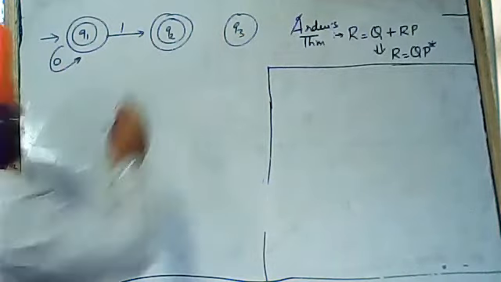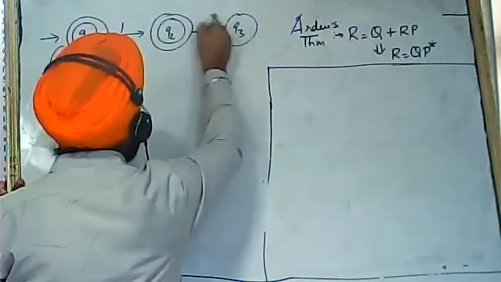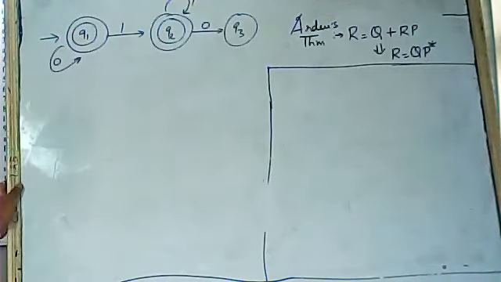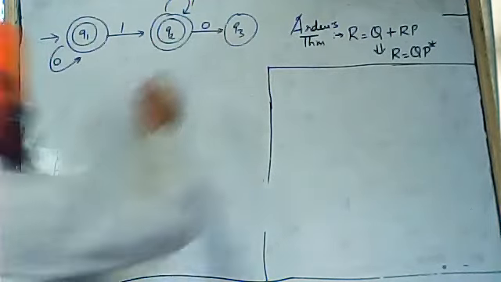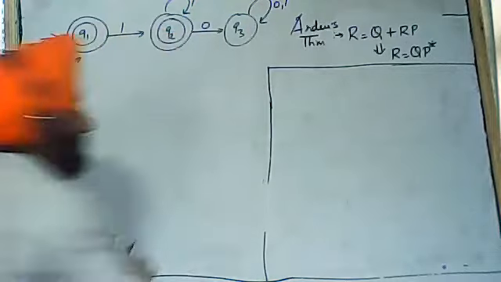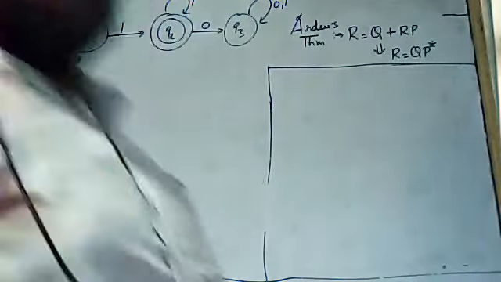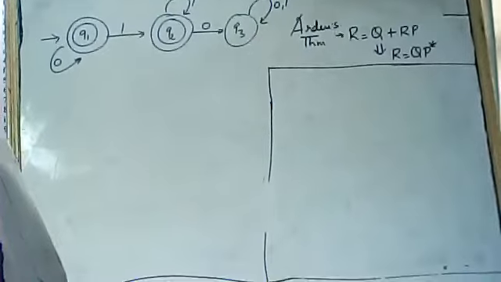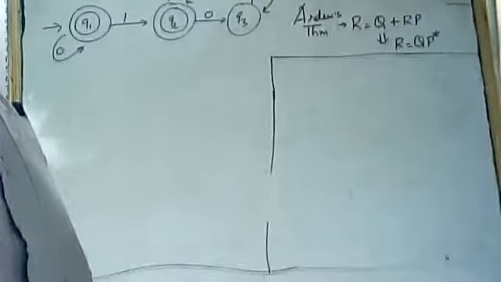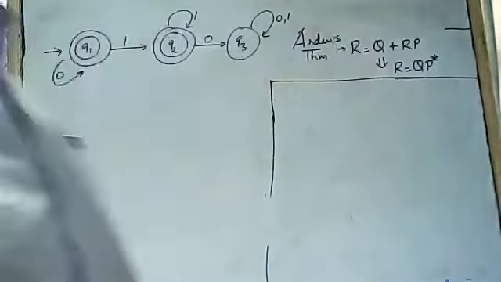Q2 upon the processing of 0, it is approaching towards Q3, and upon the processing of 1, it is going to itself. A self loop is there, and Q3 upon the processing of 0 comma 1, it is going to itself. So this is the diagram, right?